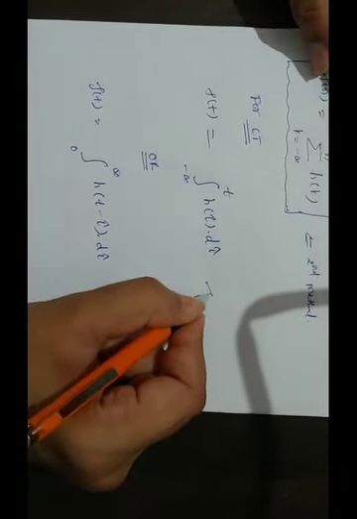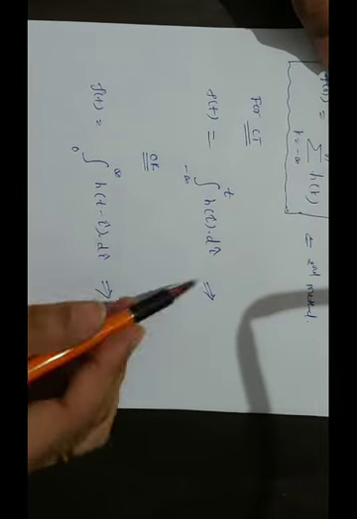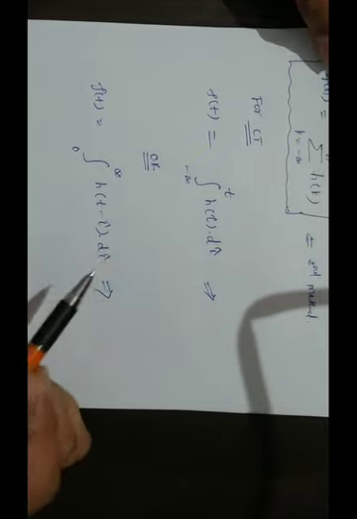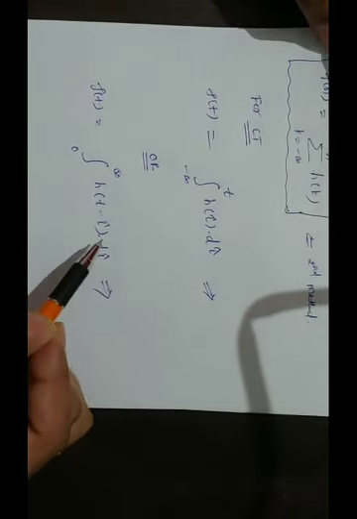So to obtain the output I can use this formula as well as this formula. Anyone you can use according to your convenience, but in both cases you will get the correct answer.